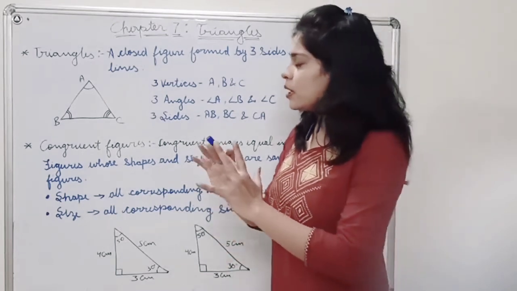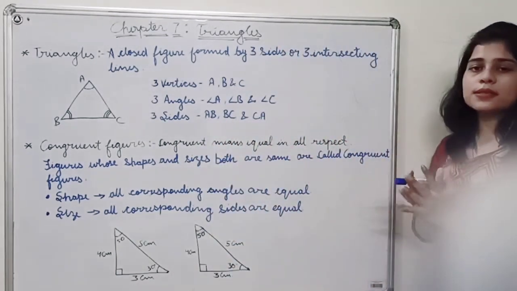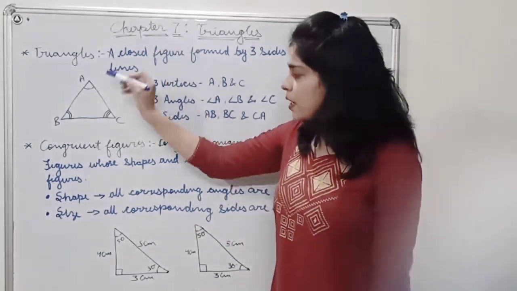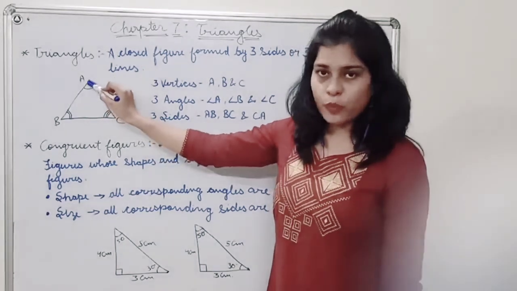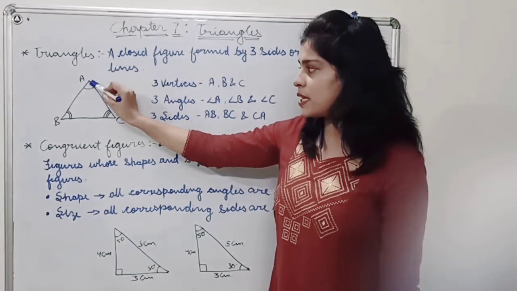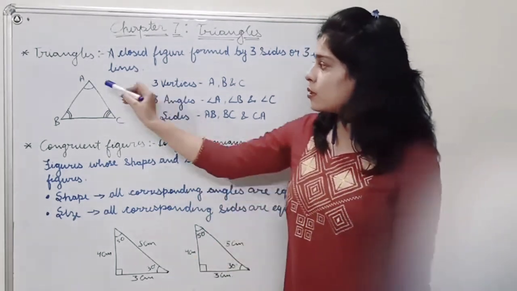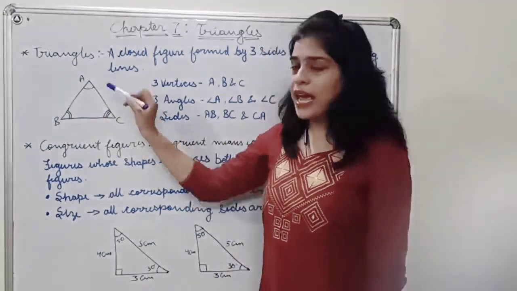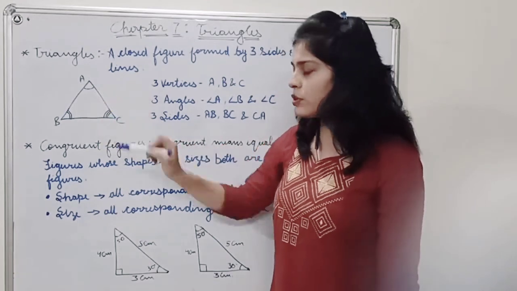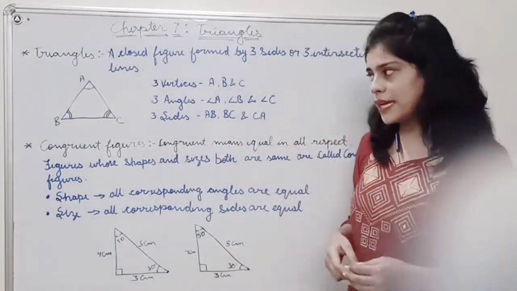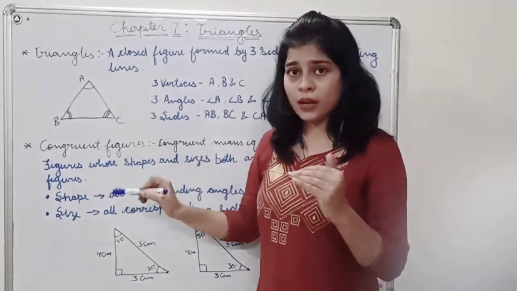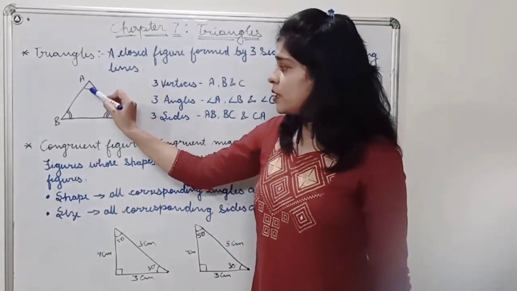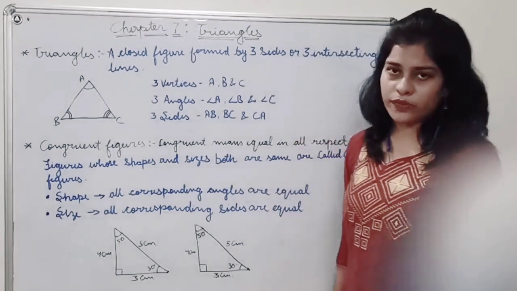These three angles and three sides we have got because two lines are meeting at one point, the two sides are intersecting at one point, and this point of intersection is called a vertex. So this closed figure has three vertices, and these three vertices are responsible for giving three angles and three sides in this closed figure.